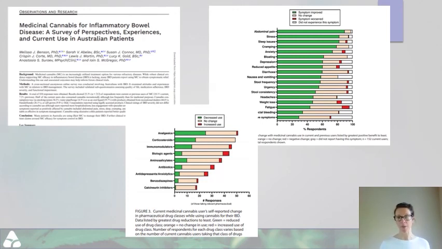And remember, the main symptom that is improved in these patients is abdominal pain. But there was also a reduction in corticosteroids and other immunomodulators. So this is again giving us a signal that in patients for whom medicinal cannabis does work in IBD, they find that they don't need to use traditional medications.